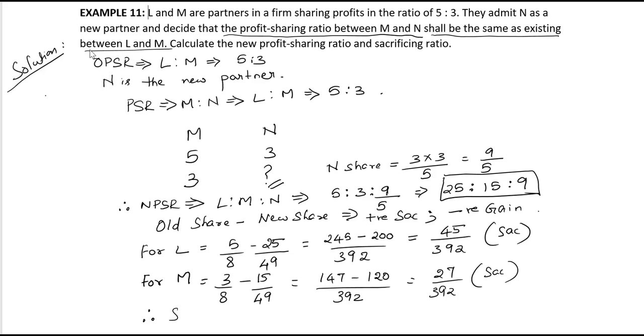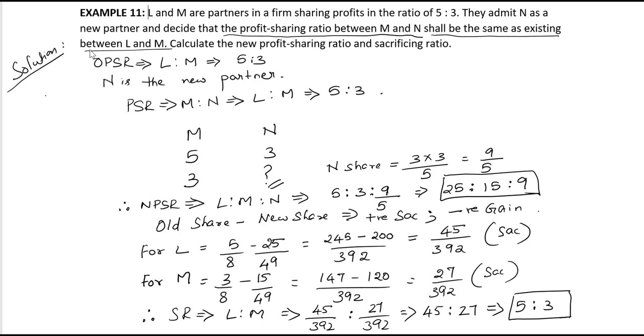Hence, the sacrificing ratio between L and M is equal to 45 divided by 392 is to 27 divided by 392, or in other words, 45 is to 27, which can be further simplified as 5 is to 3. So this is the sacrificing ratio between L and M, and the new profit sharing ratio is 25 is to 15 is to 9.